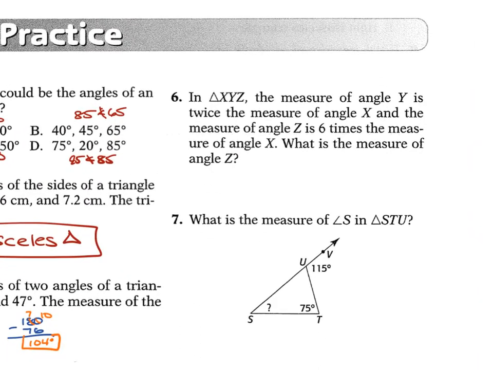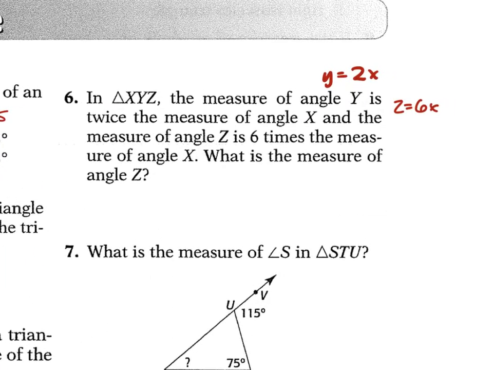For 6, it says in the triangle XYZ, the measure of angle Y is twice the measure of angle X. So Y is 2 times X. The measure of angle Z is 6 times the measure of angle X. So Z is 6 times X. What is the measure of angle Z? So we know that X plus Y plus Z is equal to 180.